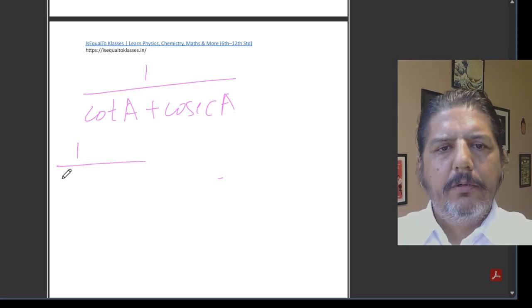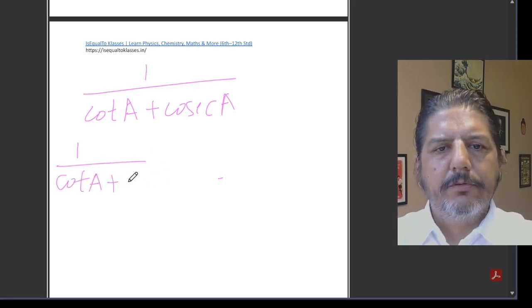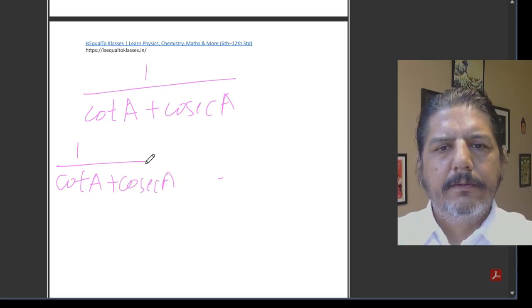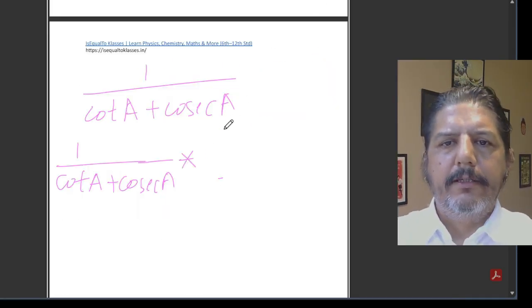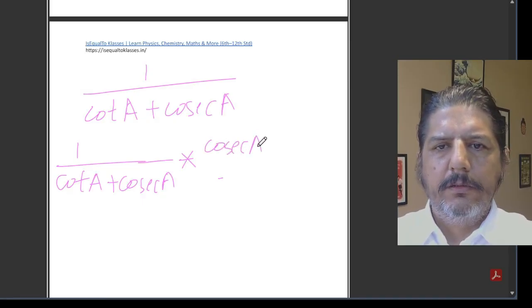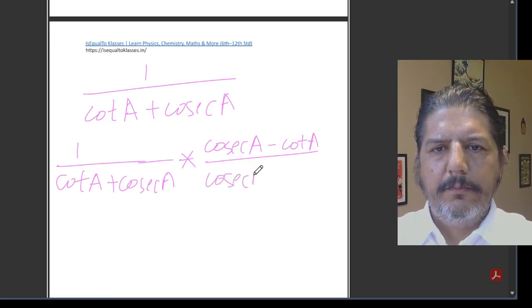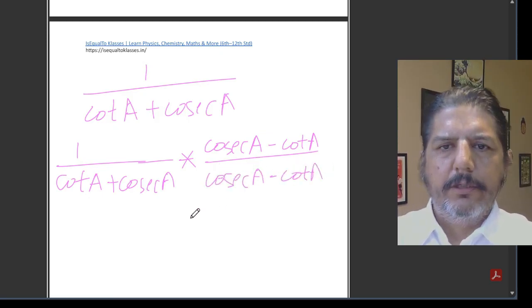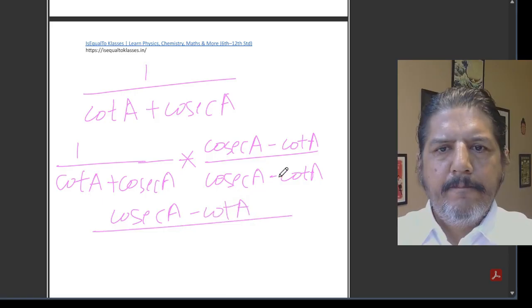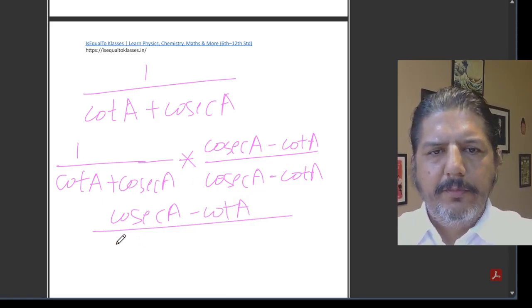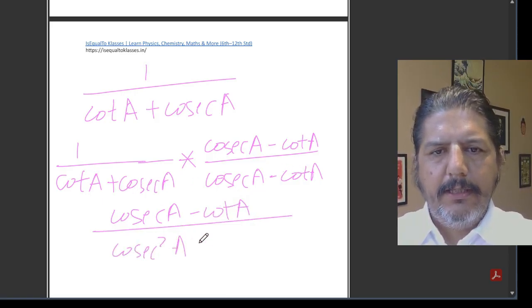So 1 upon cot A plus cosec A multiplied by, this is cosec A minus cot A. So I'll write it as cosec A plus cot A on cosec A minus cot A. So this will be cosec A minus cot A whole upon, this is A minus B into A plus B. So this will be equal to cosecant square A minus cot square A.